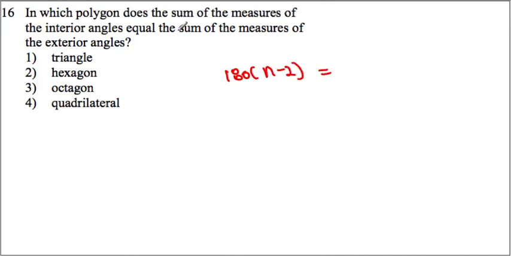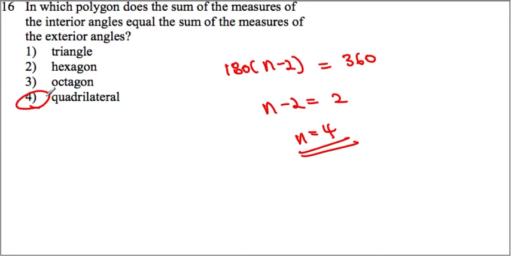Now, how about the sum of the measure of the exterior angles? In fact, it will always be 360. So what we can do is divide by 180 first. In fact, it will be very nice. Then n minus 2 is equal to 2. By adding 2, we get n equals 4. So 4 has to be the answer. That means quadrilateral becomes our final answer.